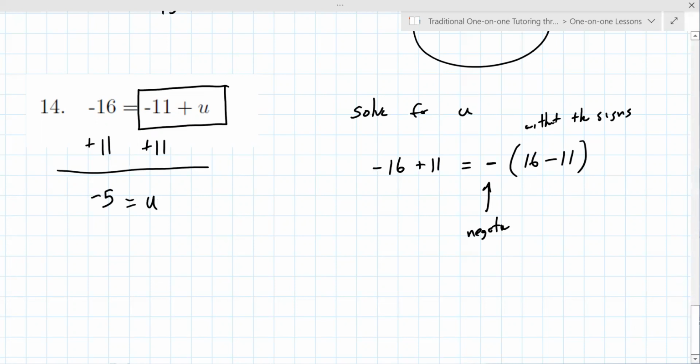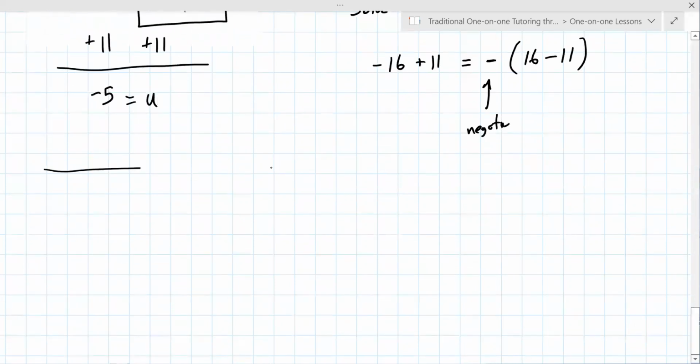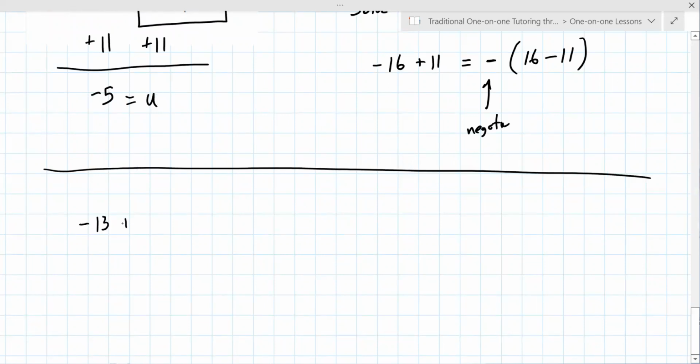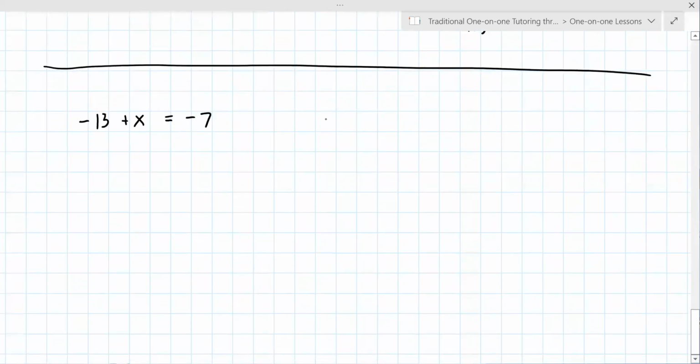Okay, let me make a couple more here for you to try. Let's go -13 plus x equals -7. I want you to solve for x.